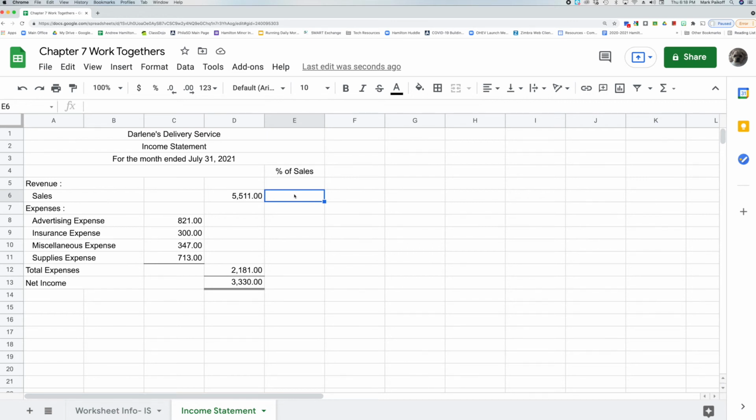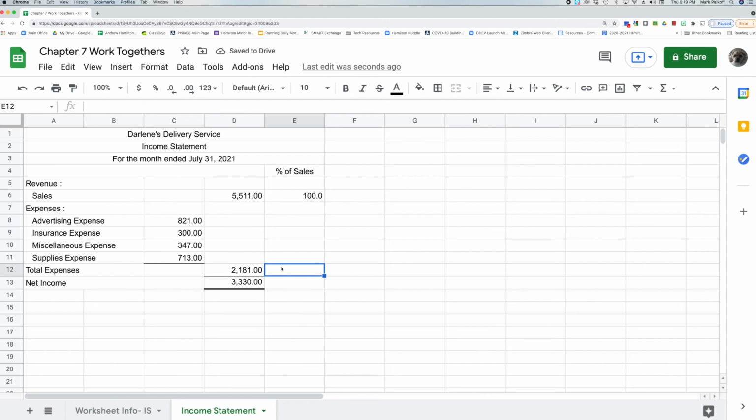So if we take sales and divide it by itself, it's going to give us 100%. So the percentage of sales for sales is 100%. And the instructions are asking us to give one decimal place, since we are rounding to the nearest tenth, so this is going to be 100.0%.